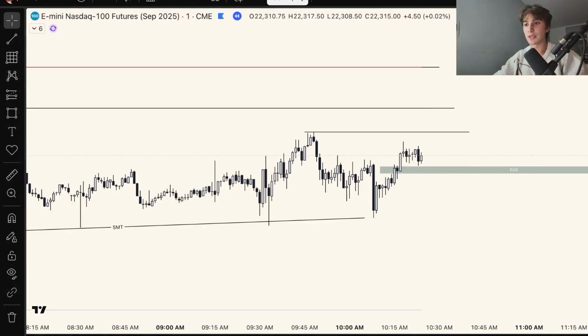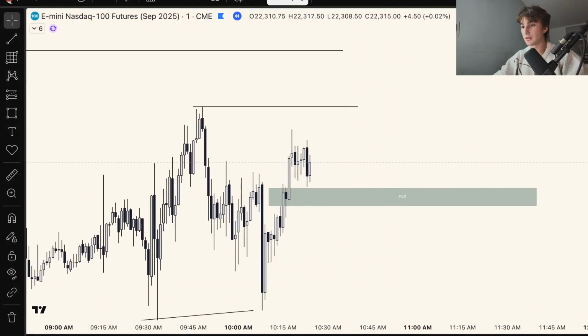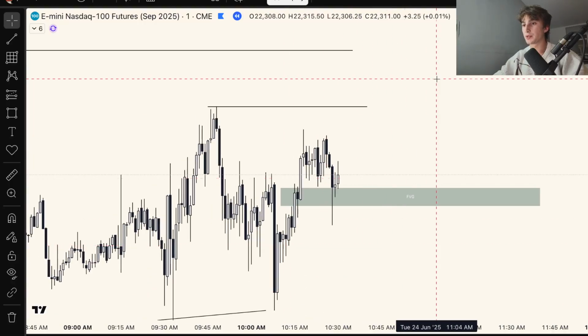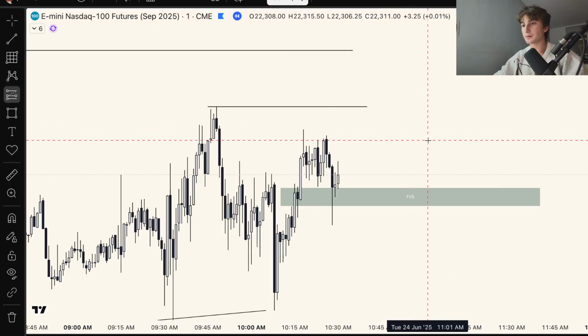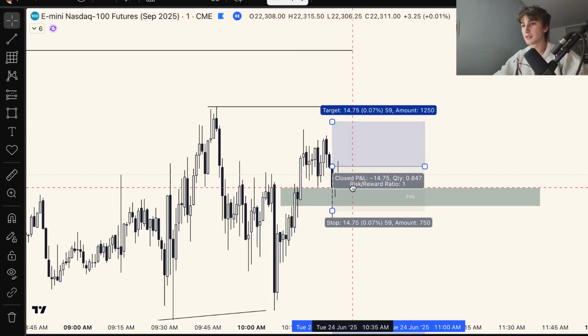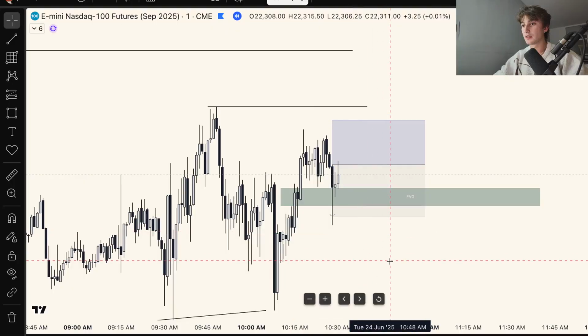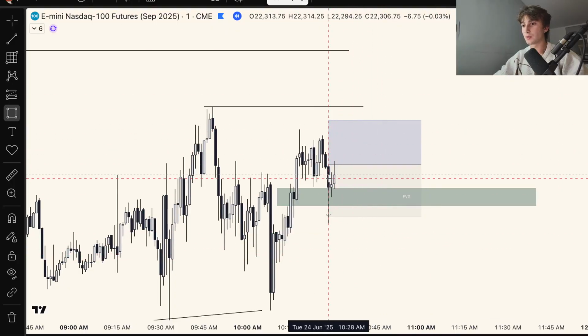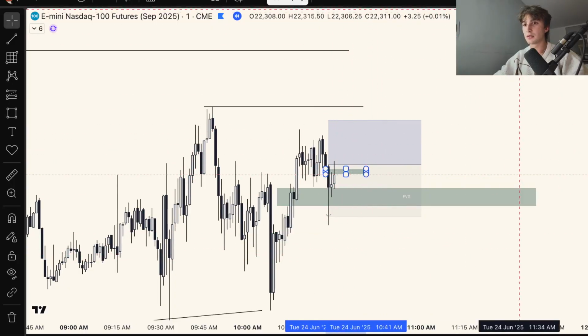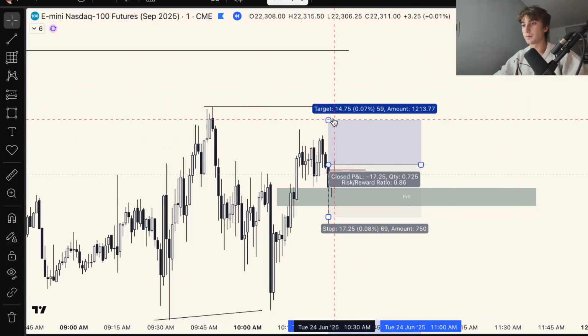Now let's see how price reacts towards this 5-minute. Okay. Price trades lower, respects this 5-minute, and it seems like now all we need is an inversion of this 1-minute to take longs, right?